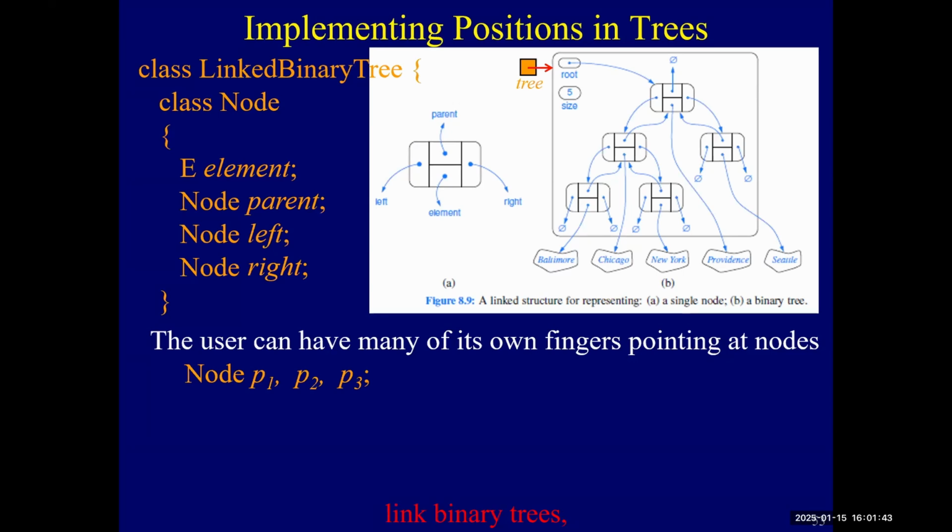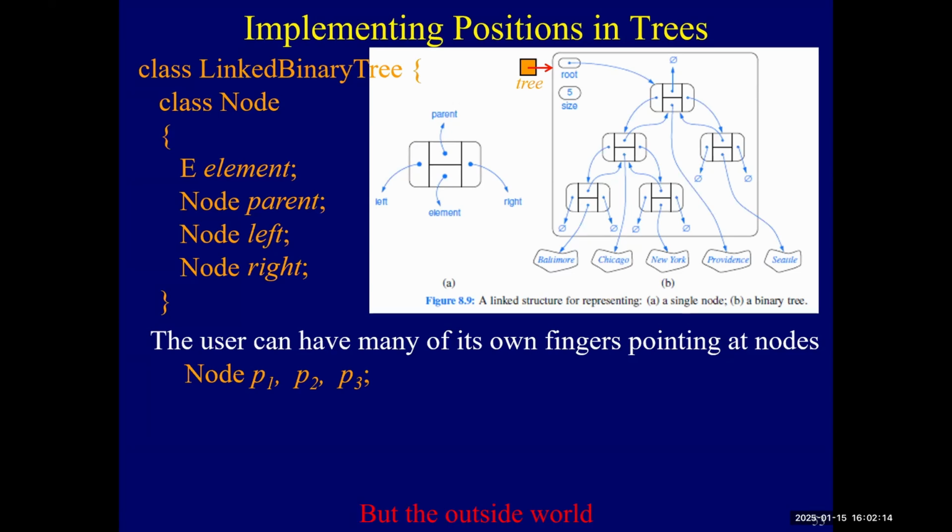And so the class for these linked binary trees contains the description of the nodes, so nobody in the outside world knows what these nodes look like. And then on the outside world, it wants to be talking about particular nodes in the tree as this abstract concept of position.